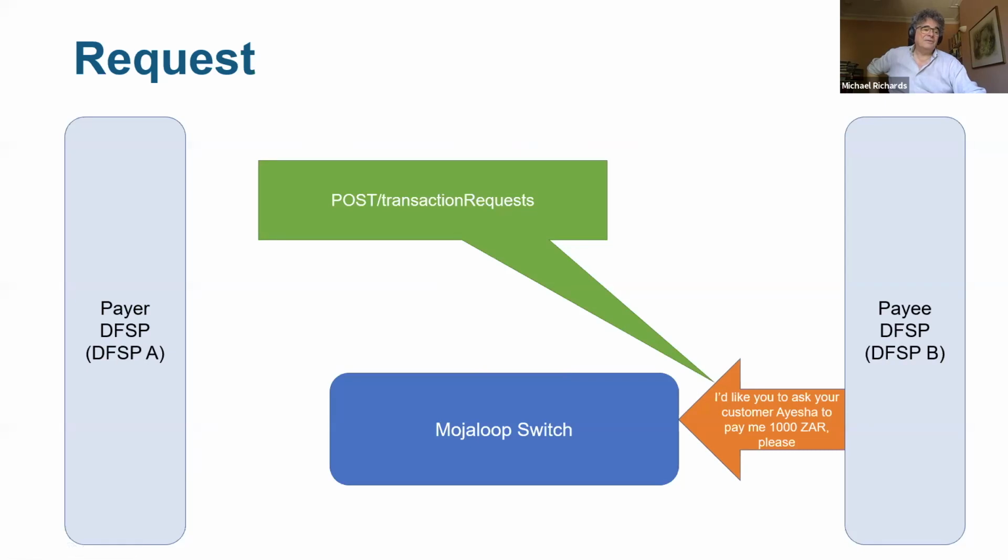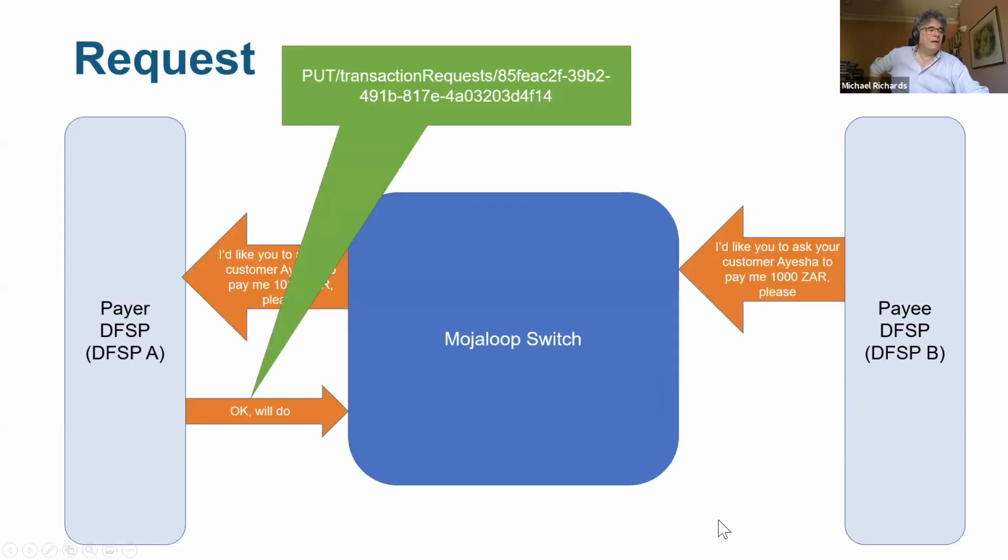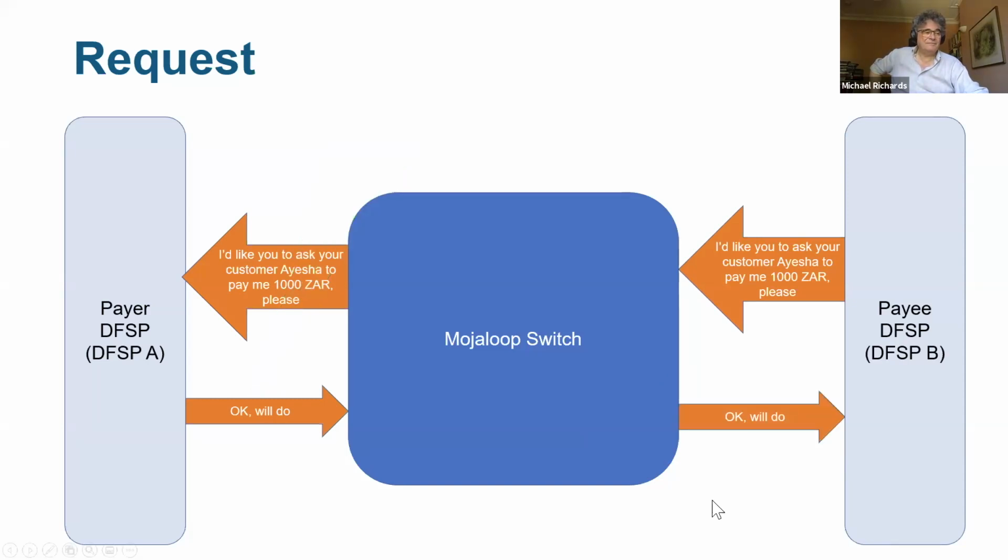So we have a special endpoint which is called transaction requests here. And essentially what that says is, I would like you to ask your customer to pay me 1,000 Rand. That's passed through to the payer DFSP, and the payer DFSP comes back and says, yep, I've accepted that request.